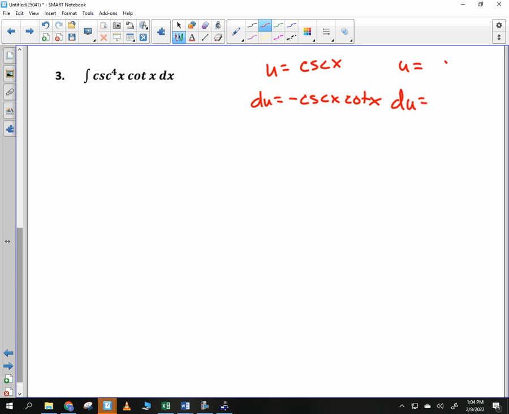Suppose u is cotangent. What's the derivative of cotangent? Cosecant squared of x, which looks really good, doesn't it? Except it's cosecant to the 4th and not squared. What if I wrote it like this?